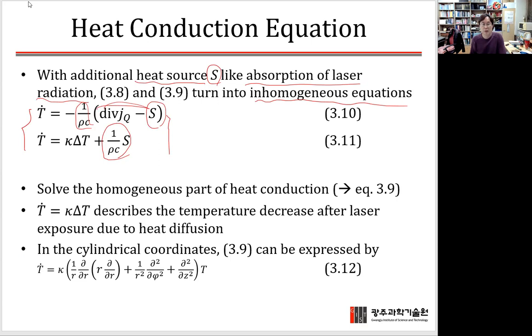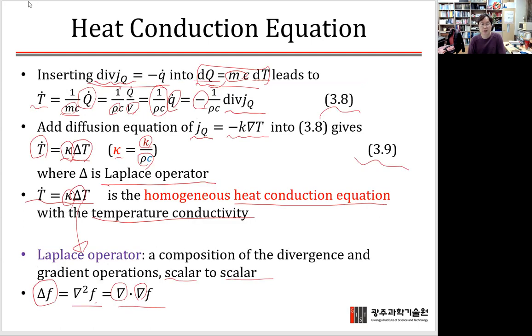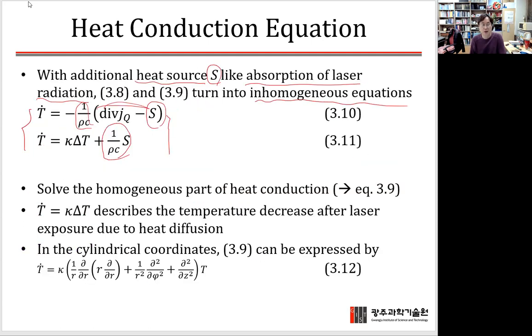So solving the homogeneous part of the heat equation, which is equation 3.9, let's take a look at that first. T dot is kappa delta T, and this describes the temperature decrease after laser exposure, and that is because of heat diffusion.